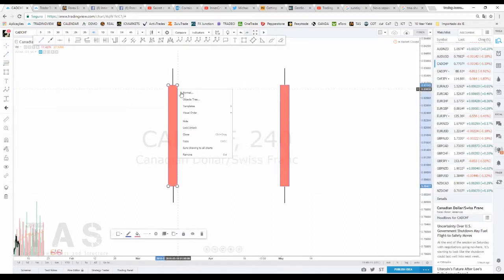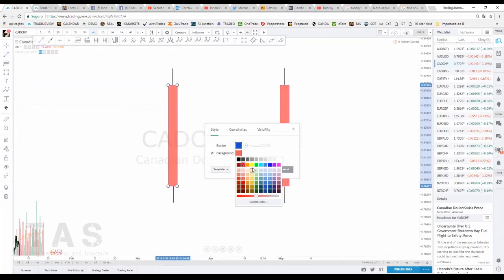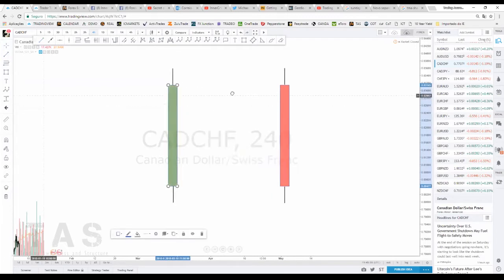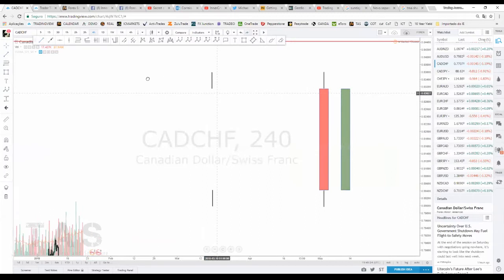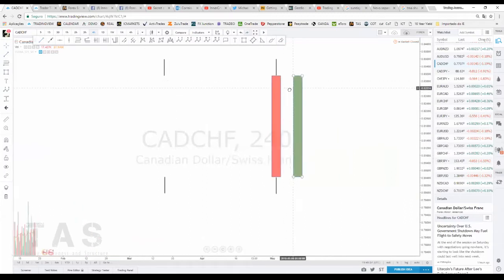Okay, so let's say this is a green candle, dark green. This is a red candle.